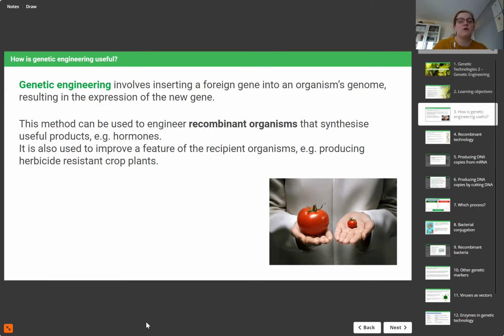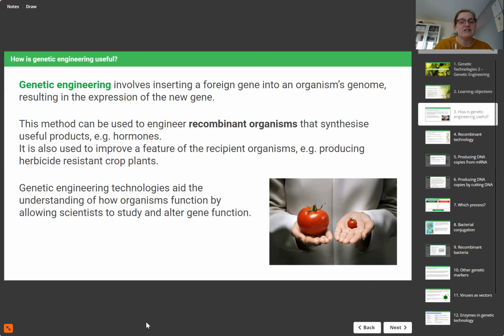So we have those two different ways we can look at it. We can look at it as making a recombinant organism, where we use something being made in an organism that we wouldn't normally have and use that elsewhere, or as a recipient organism. So genetic engineering technologies aid the understanding of how organisms function by allowing scientists to study and alter gene function.